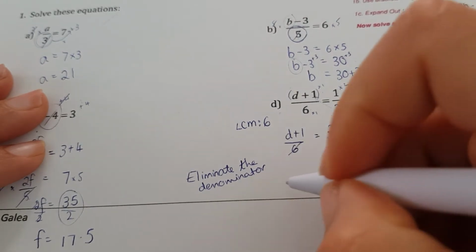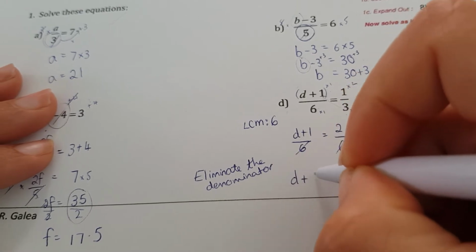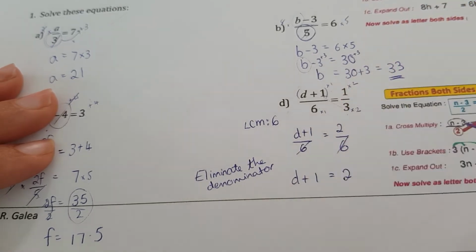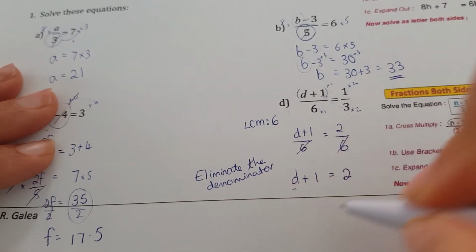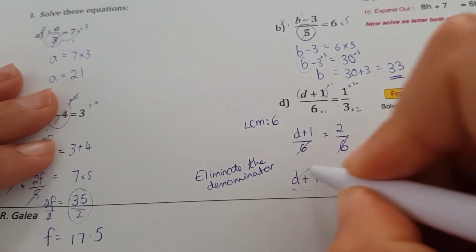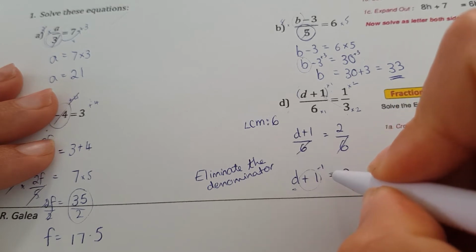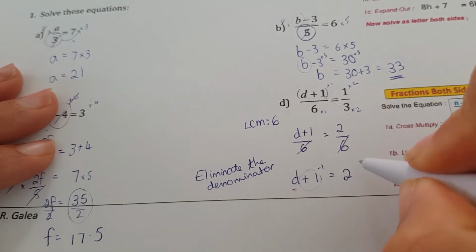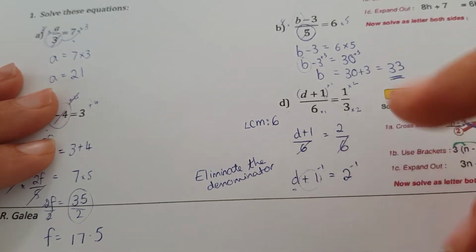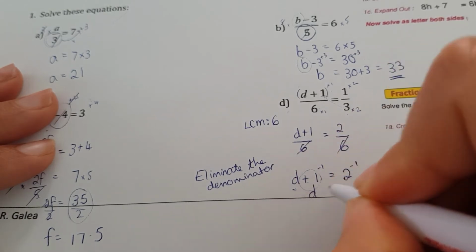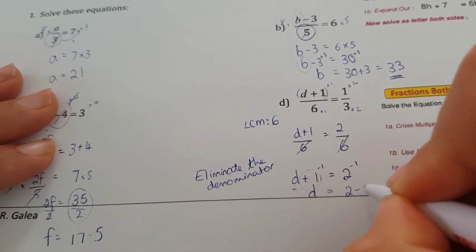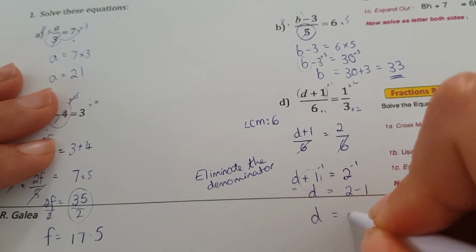So we end up with just something plus 1 is 2. What is that something? That's easy. You can continue with subject of the formula. The plus 1 has to be removed by subtracting 1, the opposite of it, and subtract 1 on the other side to keep it balanced. So D is equal to 2 minus 1, and D is 1.